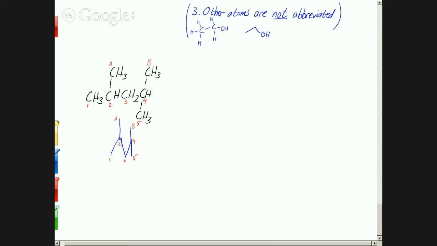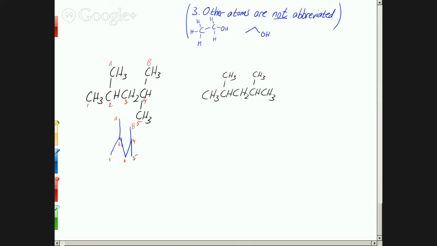So really, it would be clearer and better if we were to draw this like this. Right? That's what you're talking about? Yeah, that's the same thing. That would be a better way to draw that condensed structure. One line and one line.